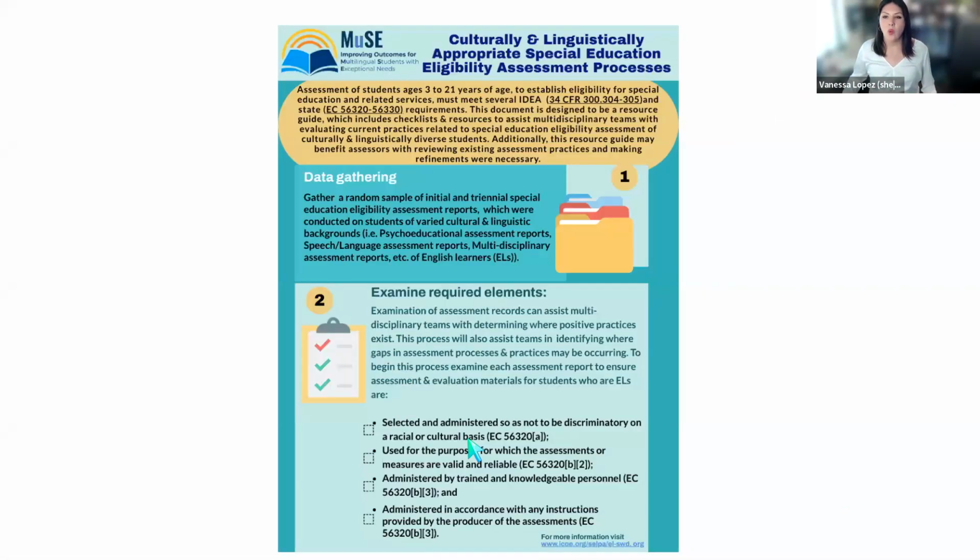So when we are looking at the data gathering phase of our assessment process, here we start with gathering a random sample of assessment reports, whether they be those included in the psychoeducational assessment reports, speech or language reports, multidisciplinary reports, any of these tools that might be necessary to start developing that robust student profile.